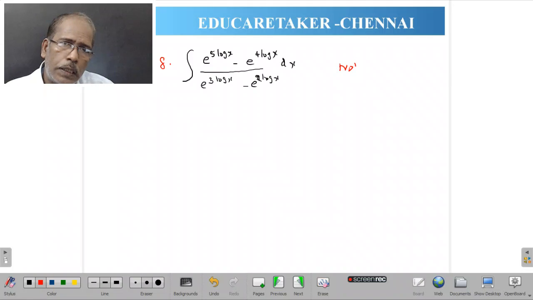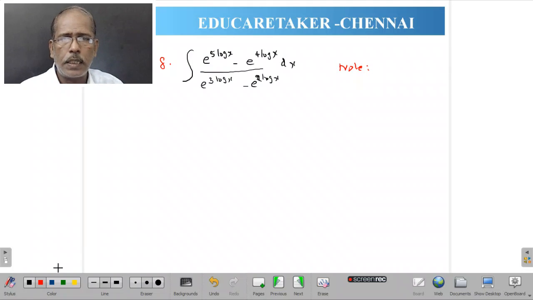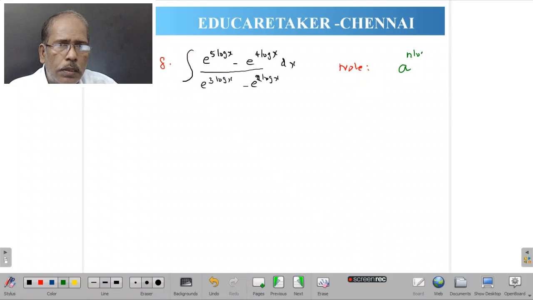The point to be noted for this type of question is a general case. a power n log x to the base a. The logarithmic base a and the exponential term base a are the same. Both are equal. a power n log of x to the base a is nothing but x power n.